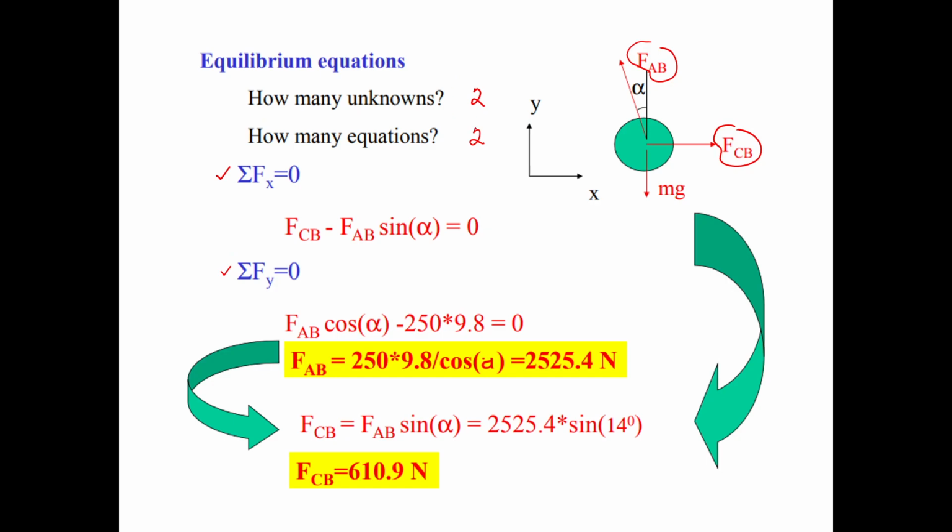The number of equations depends on how many unknowns you have. For example, if you have 3 unknowns, you also need 3 equations. That's where the summation of moment equals 0 comes in, for you to be able to solve 3 unknown forces. I think that's the maximum unknown forces that you can solve in a system, only 3.